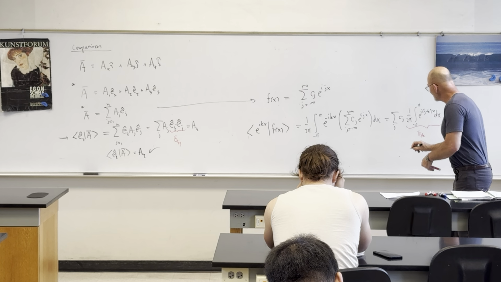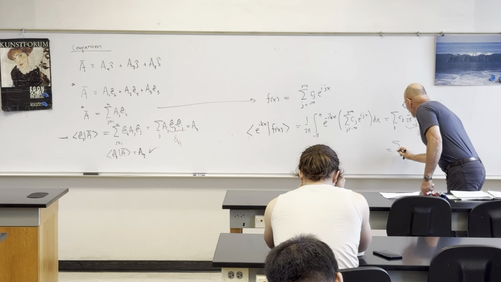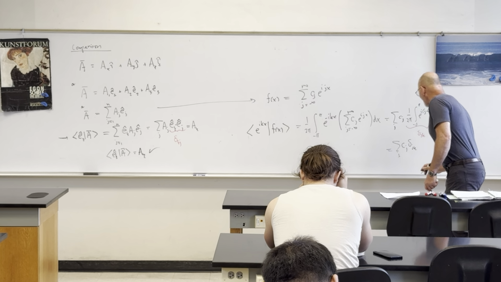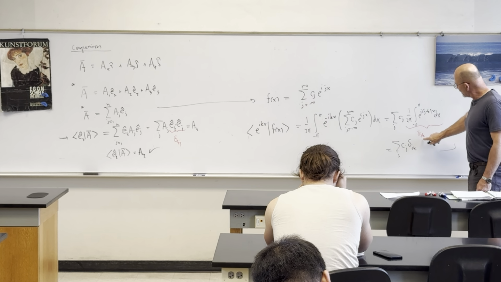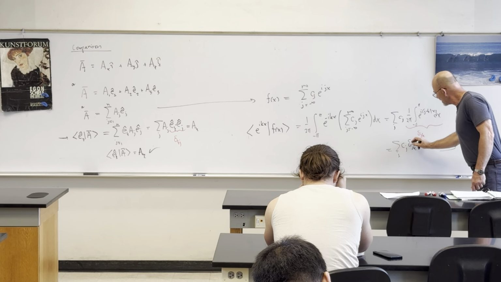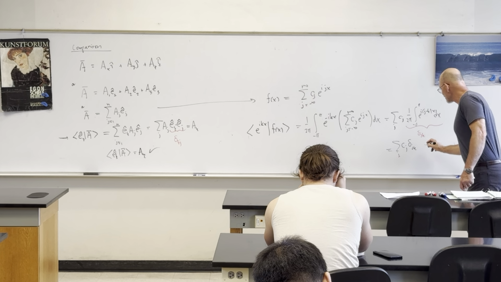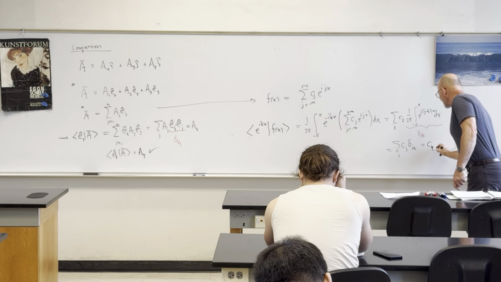And when you do a summation, sum over j, c sub j, delta jk, this is only equal to 1 when j is equal to k. So that pulls out the c sub k.